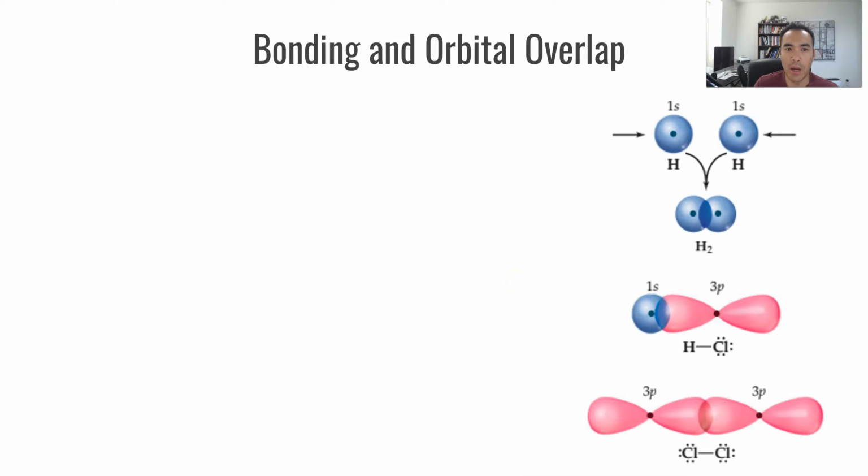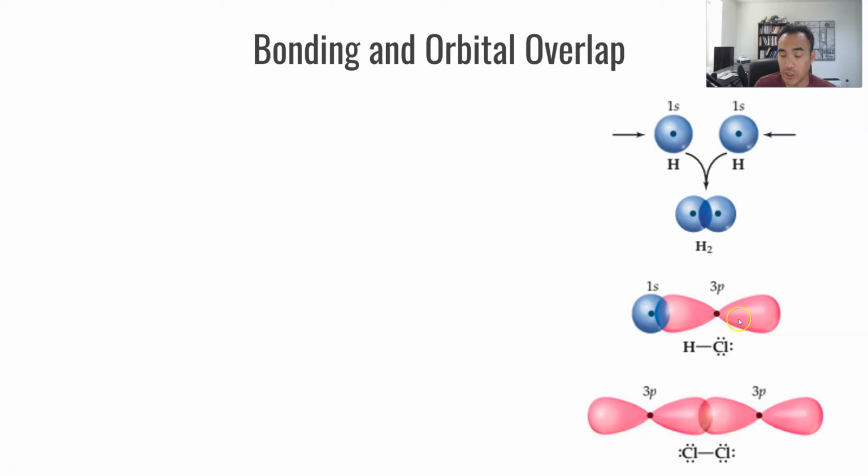Now let's talk about bonding and overlap conditions. When two atoms are going to overlap, they're doing what we call an orbital overlap. For example, hydrogen has a 1s shell that is filling up, and when they overlap, they're combining those orbitals from the first level and the s sublevel.